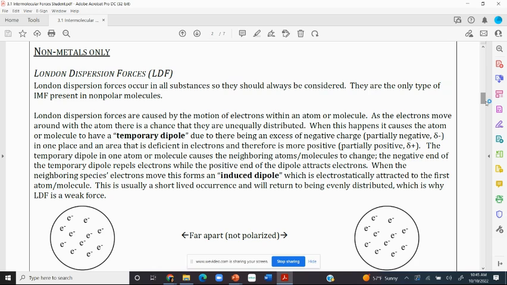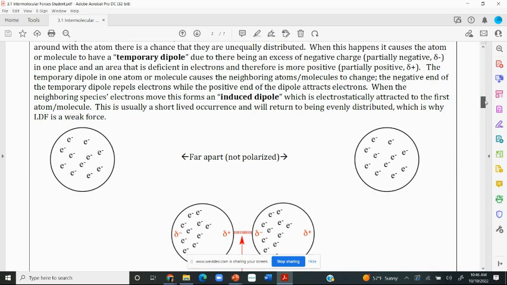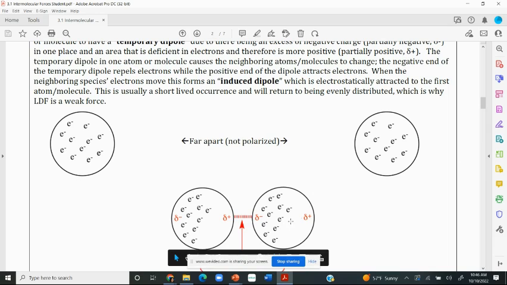You bet. Okay, so these electrons are naturally moving around. They bunch up on one side. That means that one side is going to have what? Negative charge. Now, that is then going to induce the other side to go positive, and shift the electrons over here.